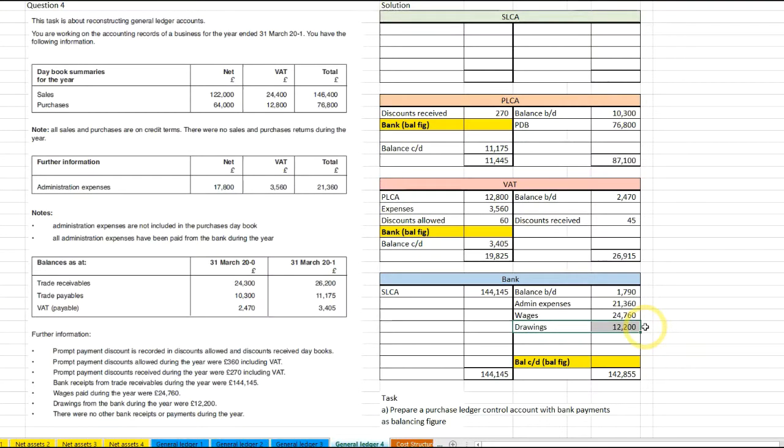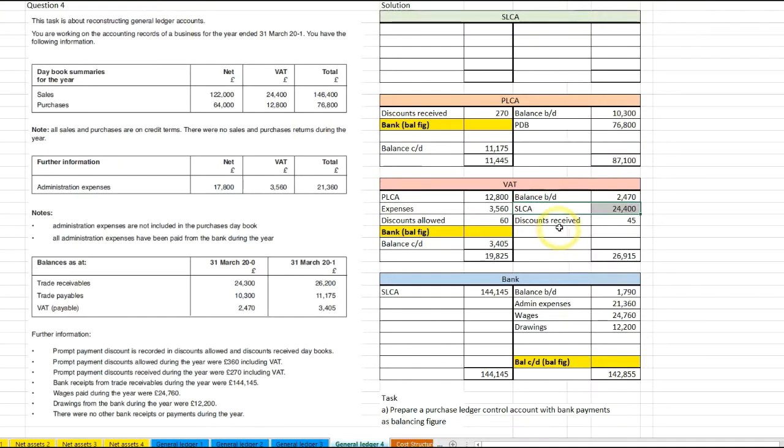However, I'm not finished yet because the balancing figures on the purchase ledger control account and VAT account are both bank figures. These are figures that I need to copy down into here before I can find my closing balance on the bank. Now, before I proceed, I've realized I've missed something out.